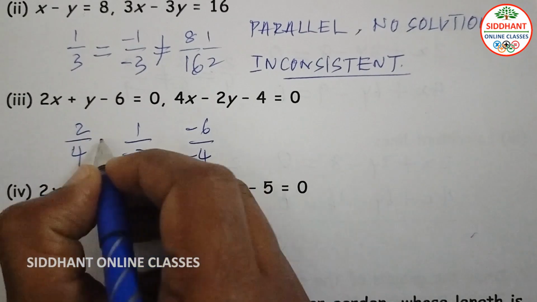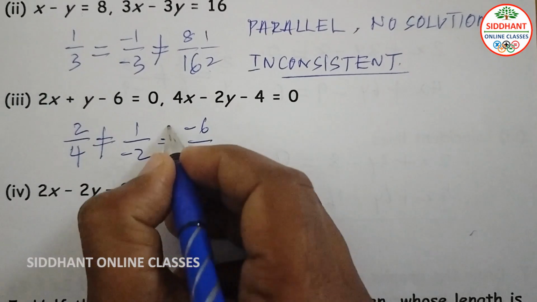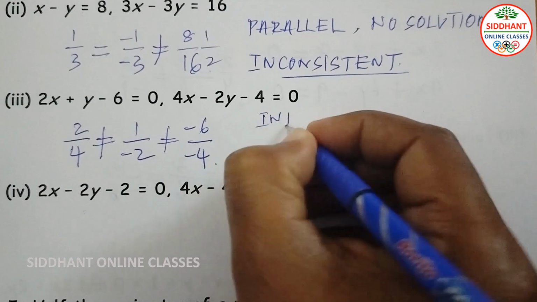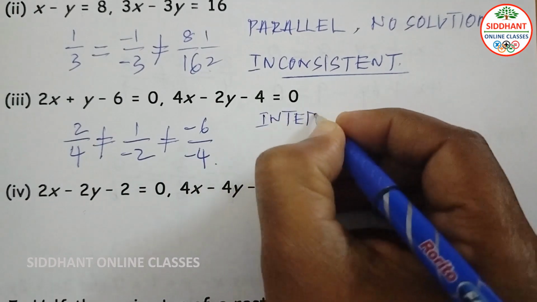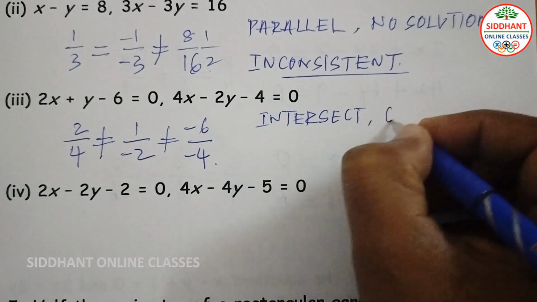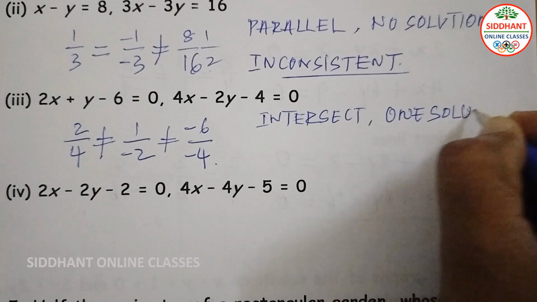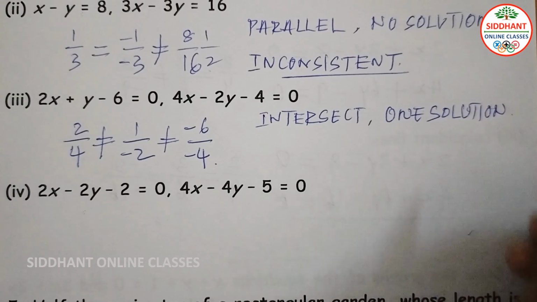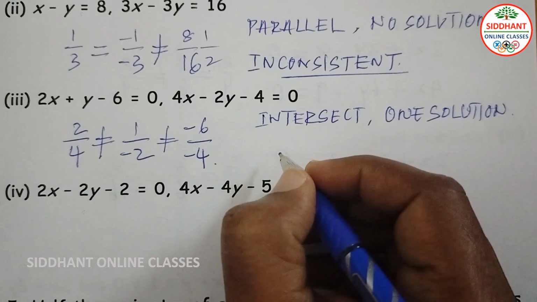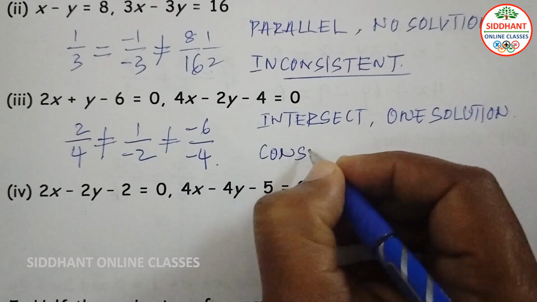So a1 by a2 is not equal to b1 by b2, which is not equal to c1 by c2. We can say the two lines intersect each other, there is one solution, and the two equations are consistent.